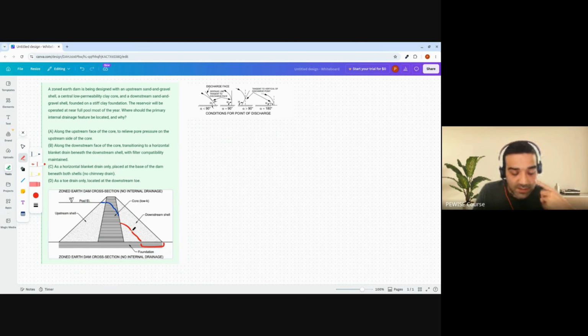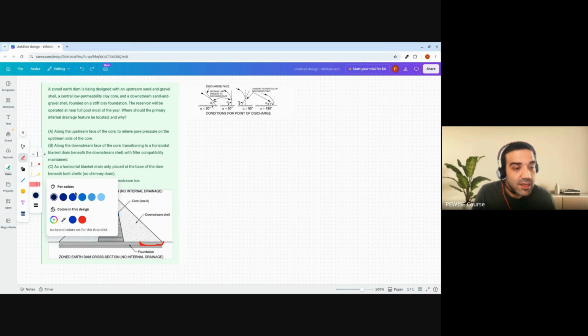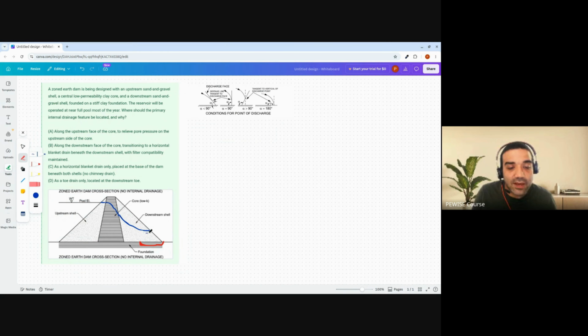So what this one is suggesting is only having a drainage here, and sometimes this helps, but if you have a tall dam, you may still have some water going down from here if the clay is not enough to bring the water all the way down. So option C helps, but option B is definitely better.